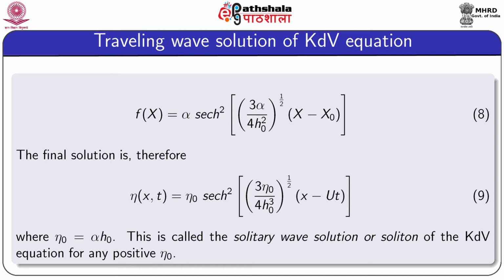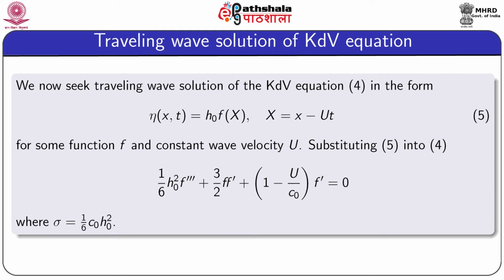And the final solution, that means the value of eta, there is a relation between eta and f. This is the relation which is written in equation number 5, eta equals H0 into f(X).